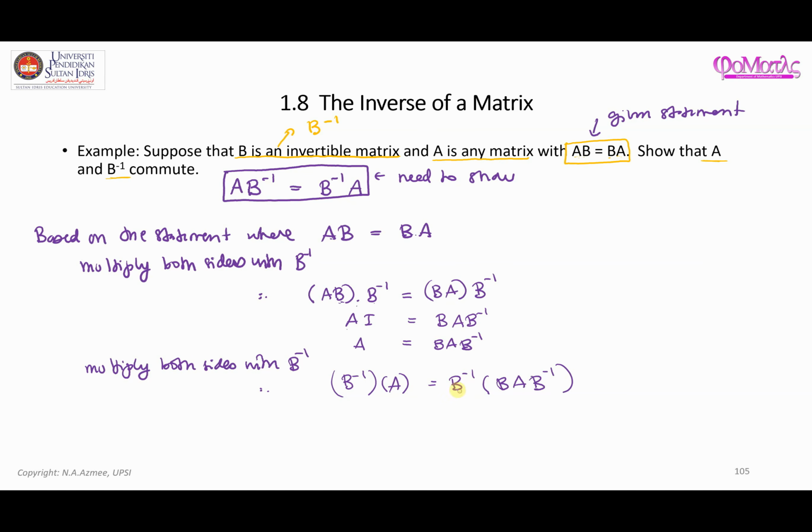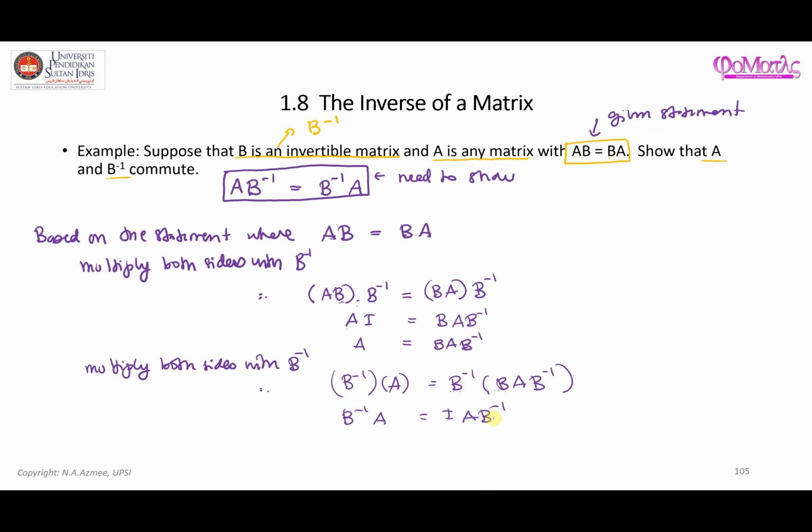This part here, when you multiply the inverse of matrix B with B, that will give you an identity matrix. Identity times A, okay, and identity times this matrix, you will get this matrix back.